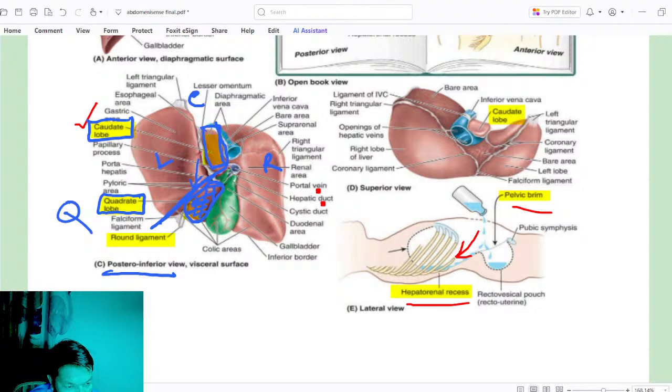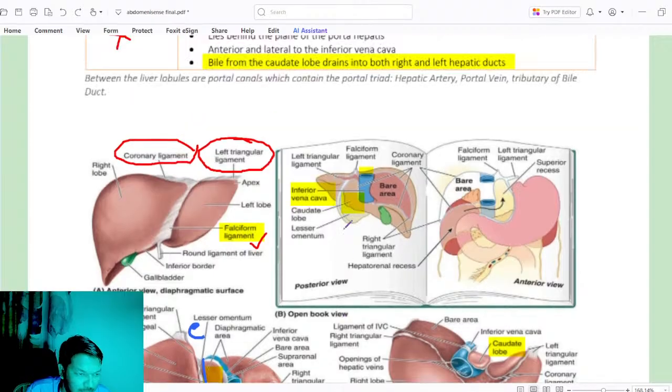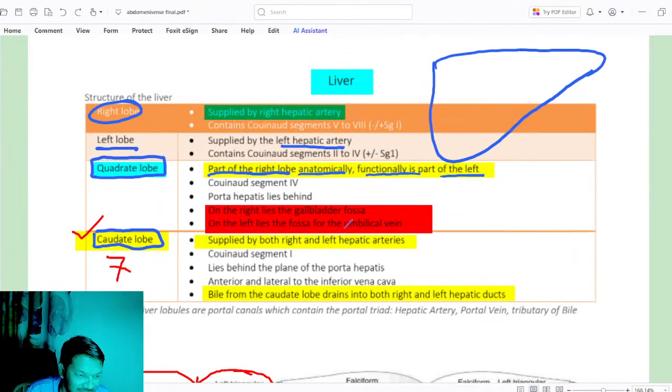But there is some problem. I don't know why they made this problem, but we have to remember: the quadrate lobe anatomically is the right lobe, but functionally it is the left lobe. Just remember this one.